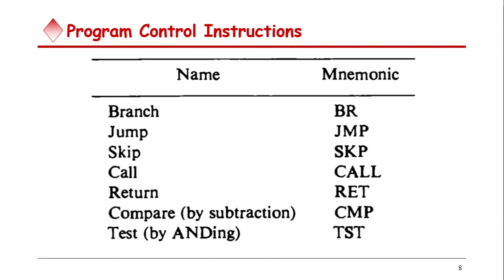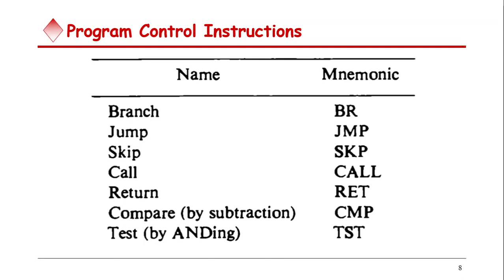After the execution of a data transfer or data manipulation instruction, control returns to the fetch cycle with the program counter containing the address of the instruction next in sequence. On the other hand, a program control type of instruction, when executed, may change the address value in the program counter and cause the flow of control to be altered.